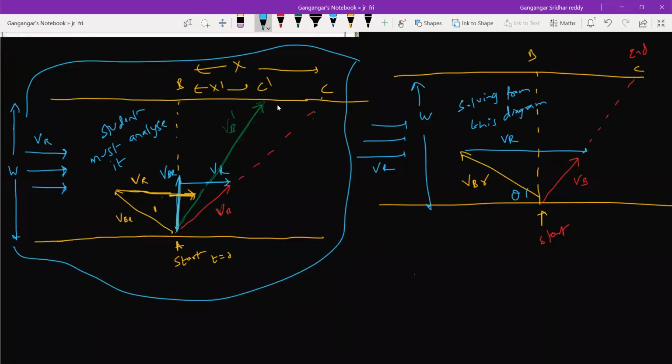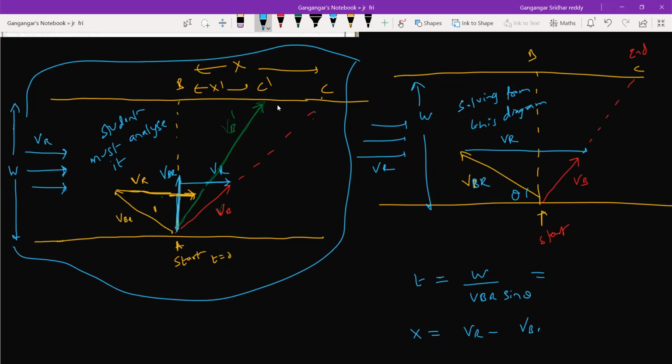Okay, now the time taken is W by VBR sine theta. Now what is the expression for drift?